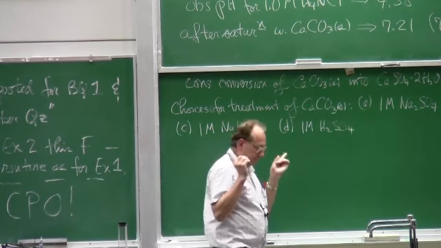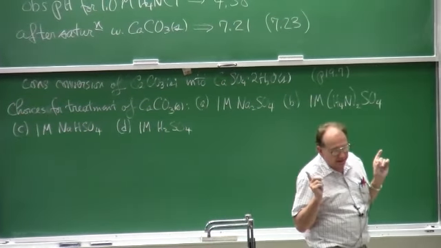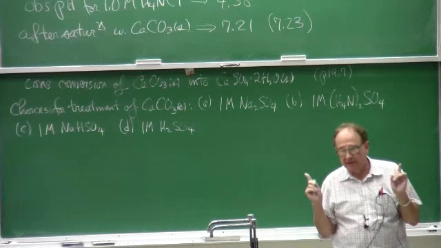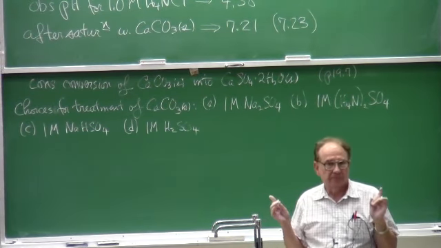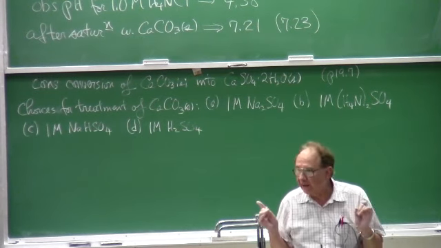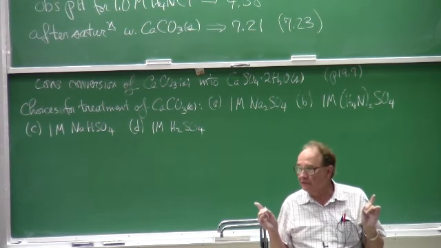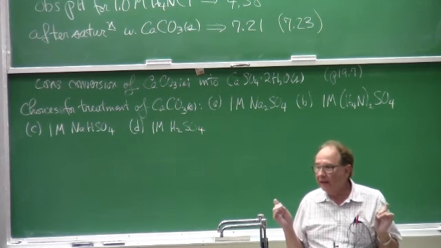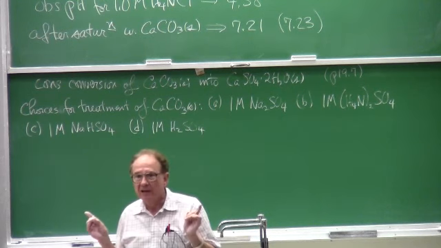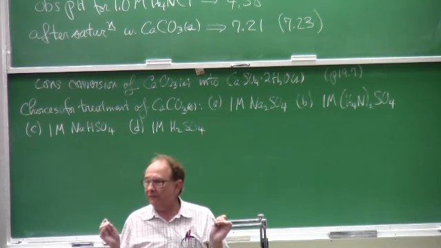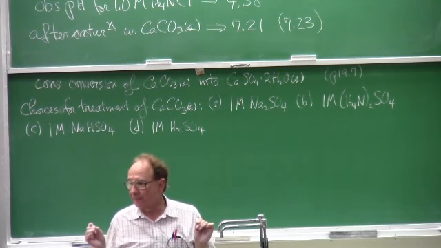Recall, if you will, when we talked about treating calcium hydroxide with ammonium ion, we found out that the calcium hydroxide was dissolved readily by ammonium ion. The K calculation for that reaction told us that. The K for treatment of calcium hydroxide by ammonium ion was on the order of 10 to the 5th. It was 9.3 times 10 to the 4th.